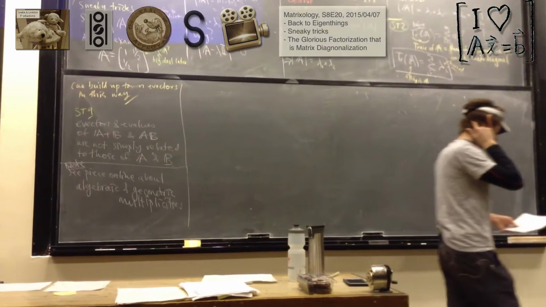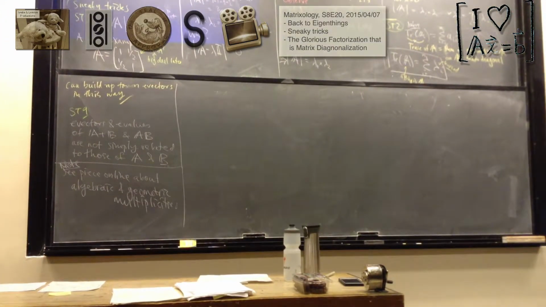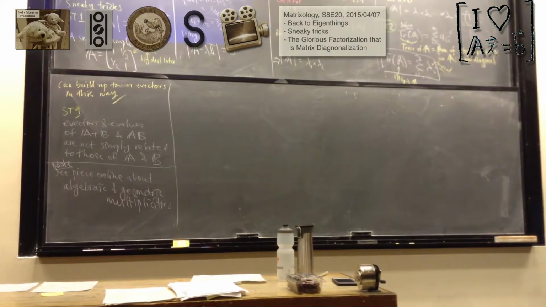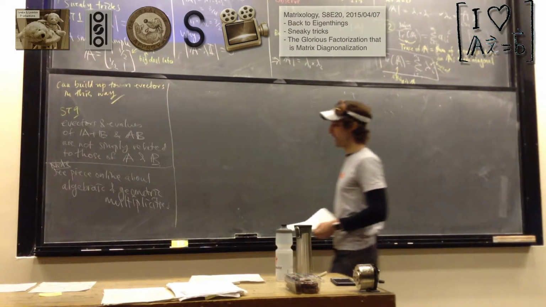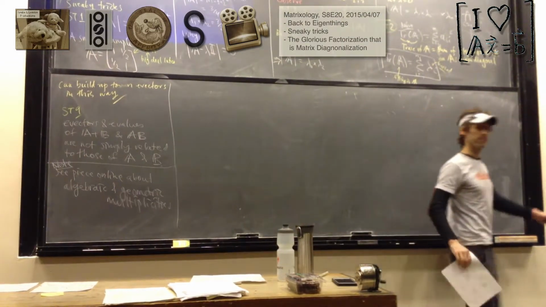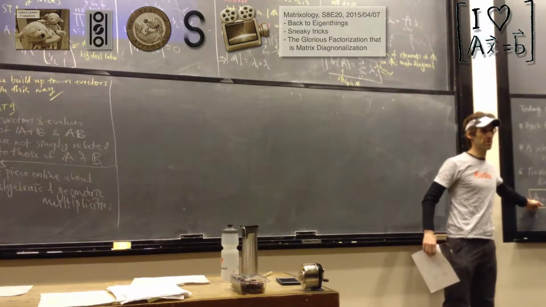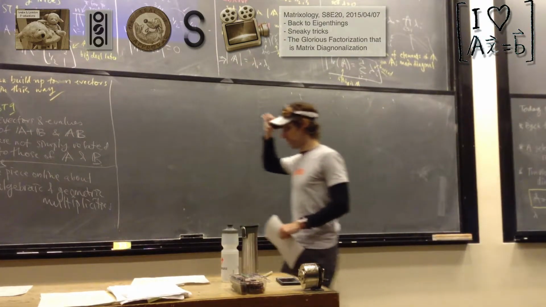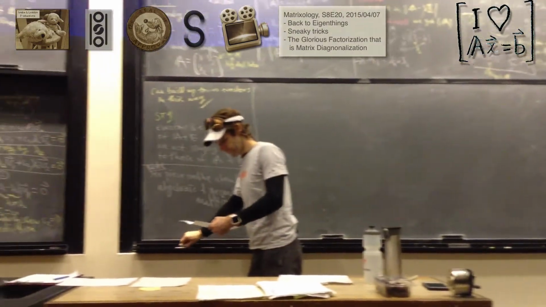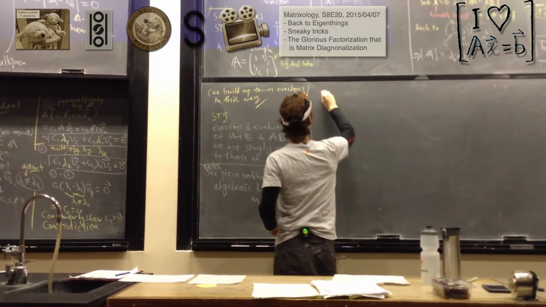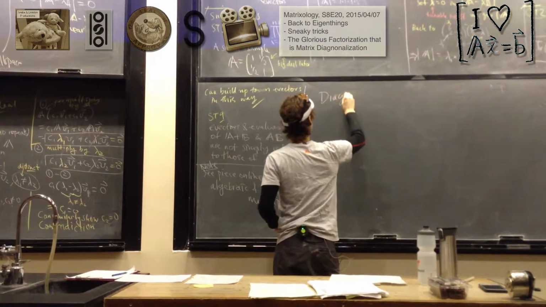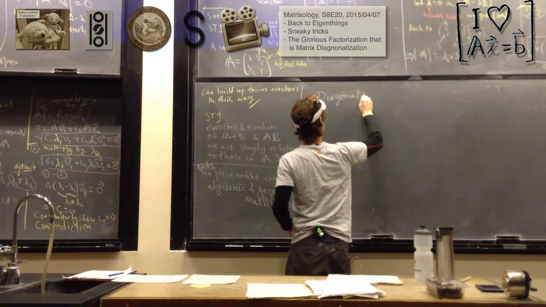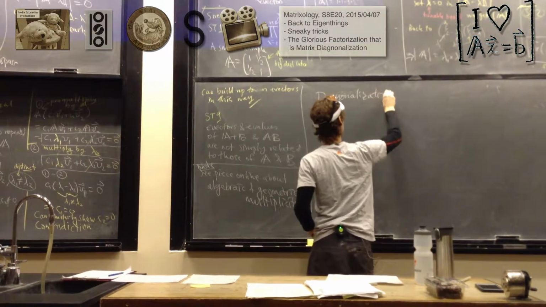Okay, so let's get on to this. So it's just a grab bag of results for eigenvectors and eigenvalues. Now we're going to try and get this thing to work. This kind of spectacular machinery here. There's a lot of beauty in this. It's called diagonalization.